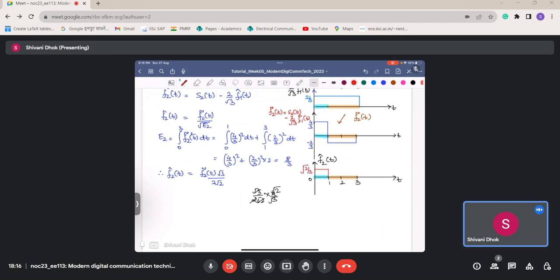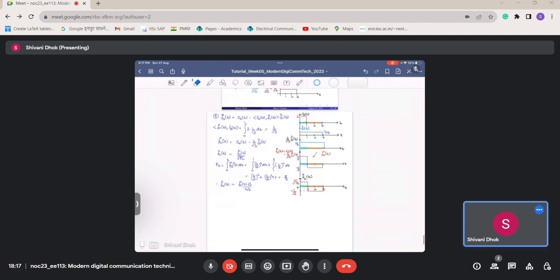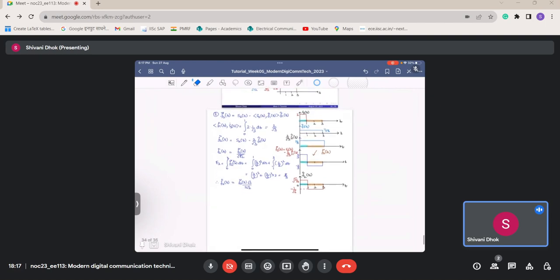And from 1 to 3 it will be root 3 upon 2 root 2 multiplied by minus 2 by 3. So this comes out to be 1 by root 6, so this is minus 1 by root 6. Okay, and this is the second orthonormal vector that we are having. So this is the second one.